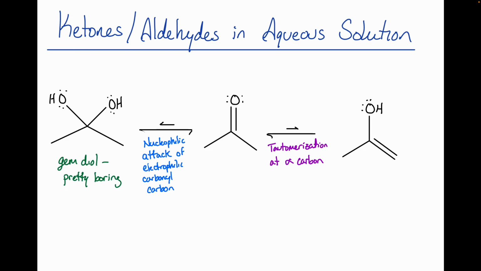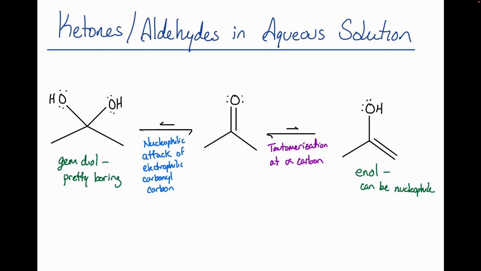And unlike our gem diol that's pretty boring, it turns out that this enol here can be a nucleophile. Specifically, at that carbon-carbon bond, just like we've seen with alkenes playing the role of nucleophiles, our enol's carbon-carbon bond can also be a nucleophile, a pair of electrons that can be donated.